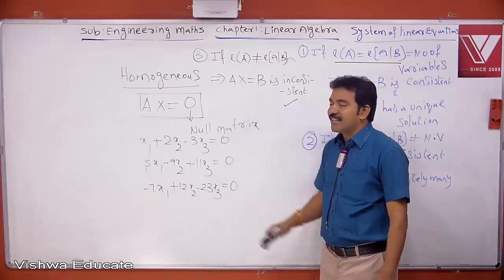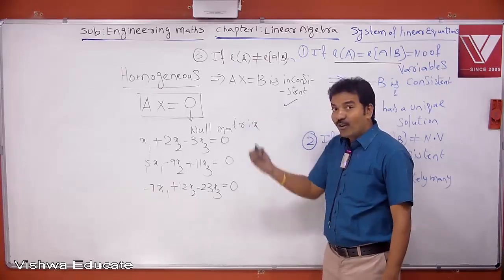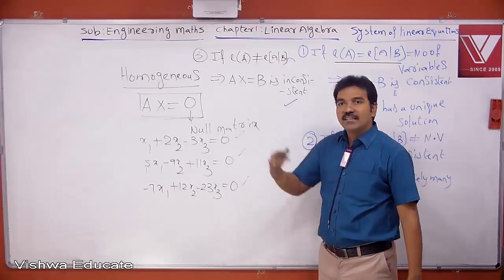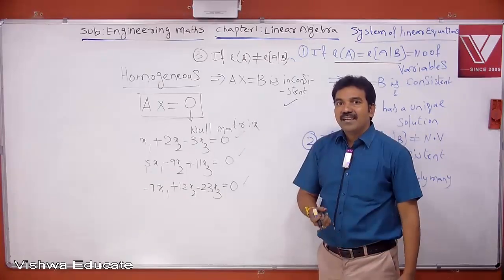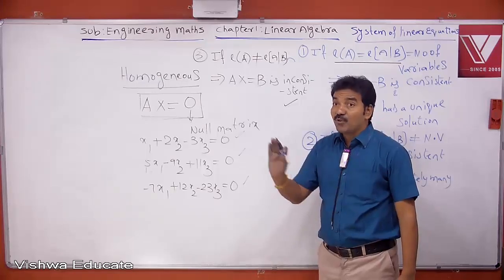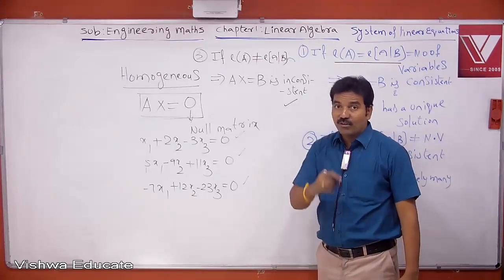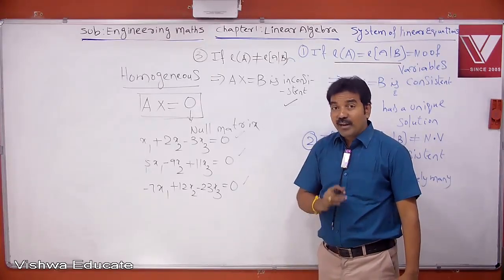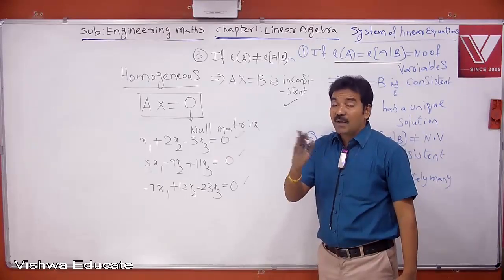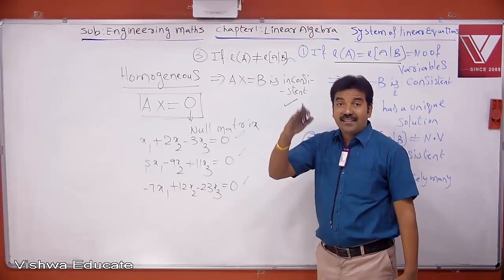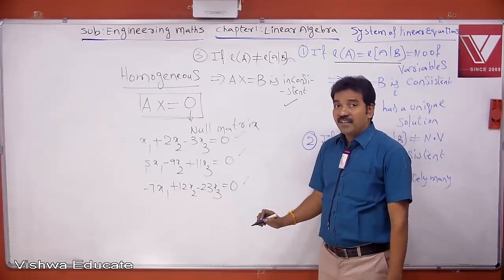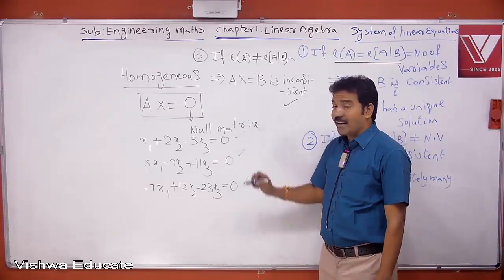Randomly, I framed these three equations because my confidence level is that the right side is 0. Whereas in the case of non-homogeneous, keeping x value 5 and y value 3 in mind, I framed those two equations to get a unique solution. To get no solution, I multiplied that equation by 2 and on the right side I wrote a number other than 16. That was intentional, but in this case, my confidence is 0 on the right side.